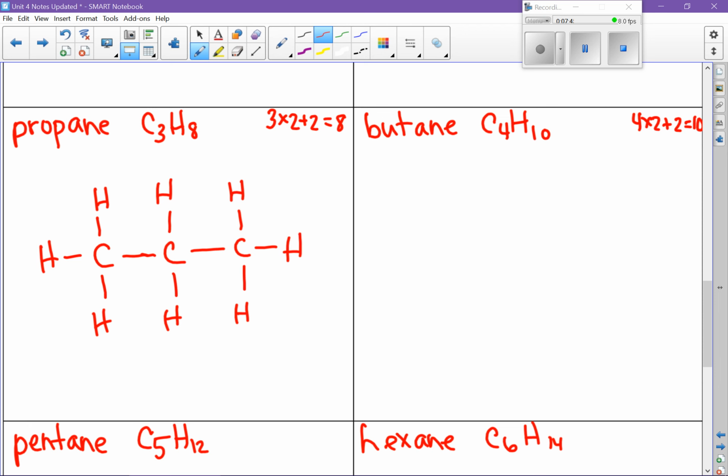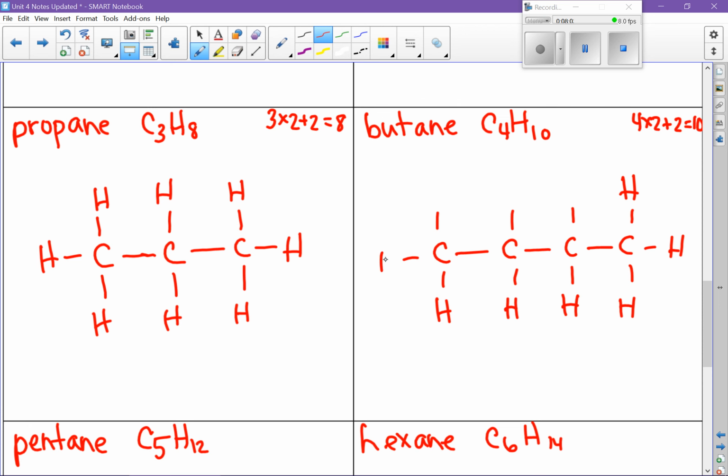There's propane. For butane, I start with 4 carbons, connect them, and then I do 4 bonds on each carbon. Put H's all the way around, and I should be putting 10 H's in here.